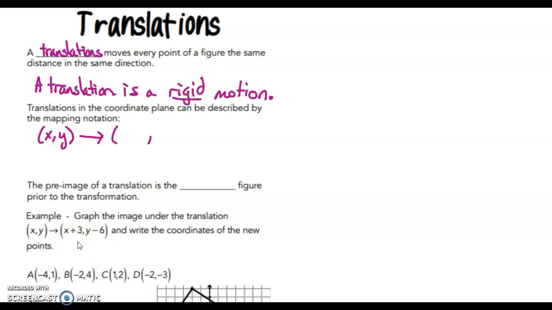So you write (x, y) with an arrow, then (x plus some number, I'm going to call it a, and y plus some number b). It could also be minus if it's moving left or down. So each point shifts a units horizontally; a is the horizontal movement.